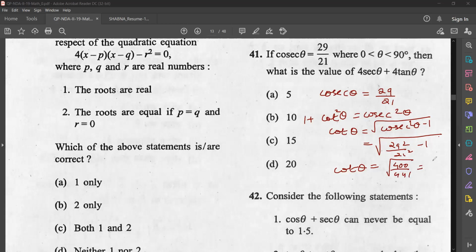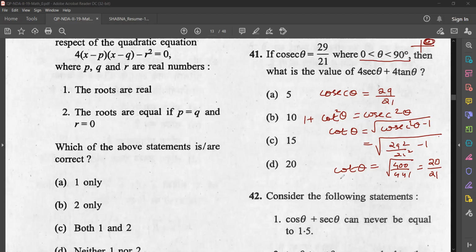That is nothing but 20 by 21. Here you need not consider negative values, because when you take the root, only the positive value you need to consider, because 0 less than theta less than 90 degrees. So in the first quadrant, all the trigonometric ratios are positive. So it is 20 by 21.